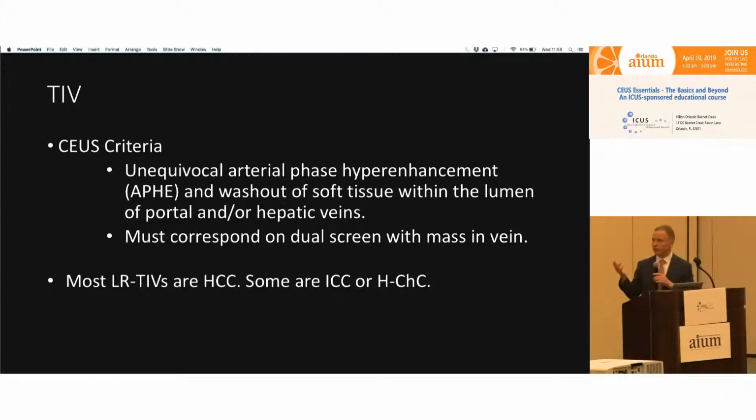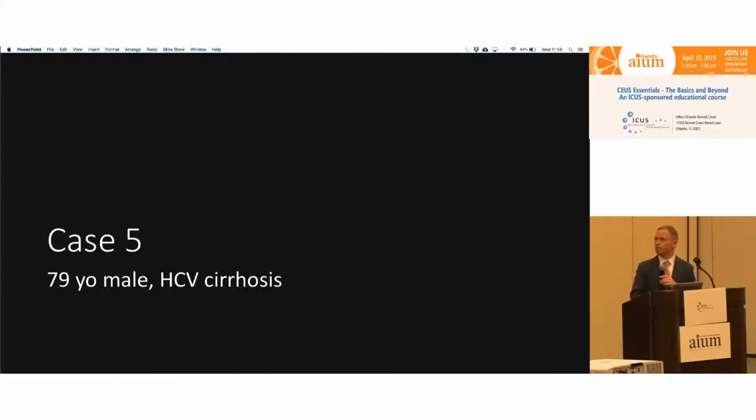It can happen with cholangiocarcinomas and also cholangiohepatomas as well. So honestly, if it's not associated with a LI-RADS 5 lesion, if it's LI-RADS M and tumor thrombus, biopsy, sometimes both, because we have had some surprises when you have cholangiohepatoma or cholangiocarcinoma in the liver and then HCC thrombus in a portal vein.